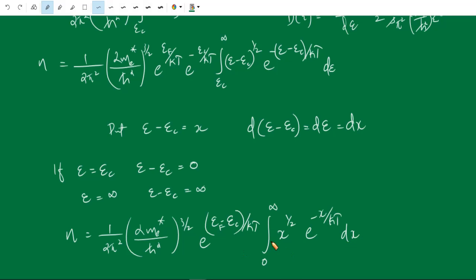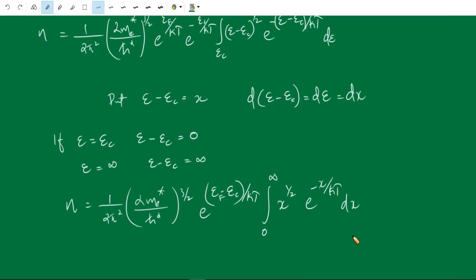Okay, this is a standard integral. The value is, you know, gamma of 3 by 2, gamma function, gamma of 3 by 2 divided by (1 by kT) whole raised to 3 by 2.